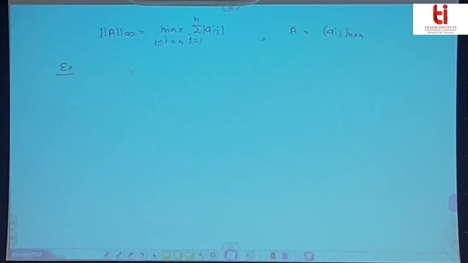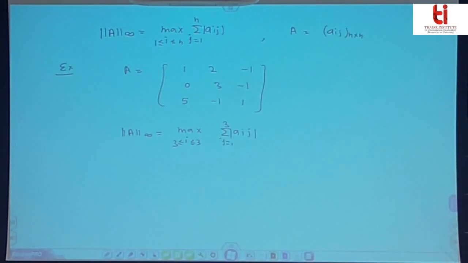Let us take an example. Suppose A is the matrix 1, 2, minus 1; 0, 3, minus 1; 5, minus 1, 1. So the infinity norm of A will be the maximum over i between 1 to 3 of the summation of A_ij, j is 1 to 3.